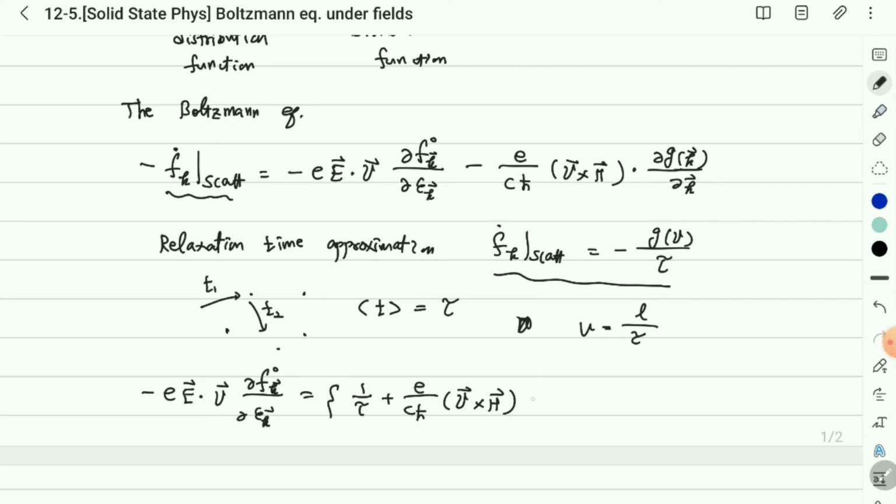Therefore, the derivative should change by the velocity, like this, in partial v.